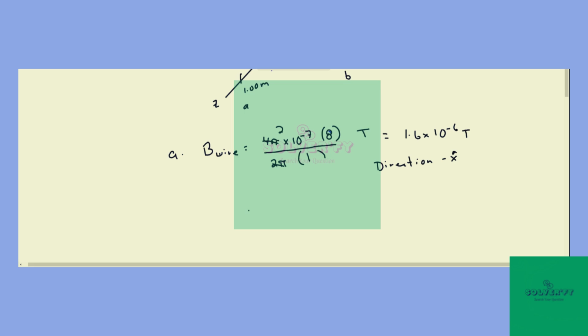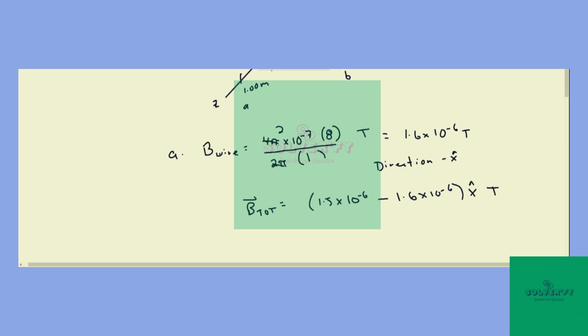So let's work out the total magnetic field. We're going to add to it the B0, which is to the positive x, and then the Ampere wire equation, which is to the minus x.